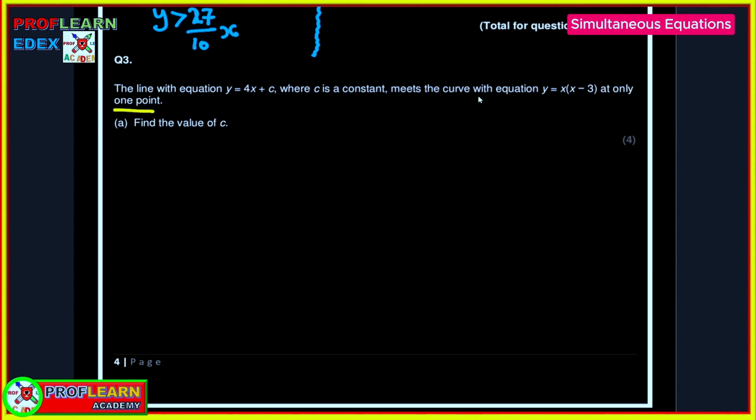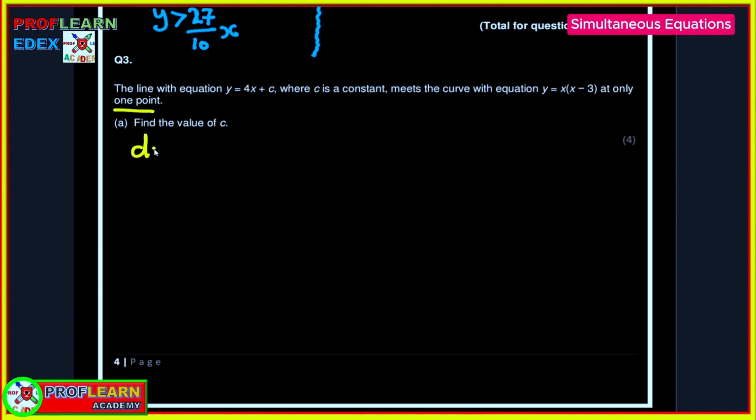If you are told a line and a curve meet at exactly one point, it means that the discriminant is equal to 0. You are going to meet such questions whereby you are told that a line and a curve meet at one point, or a line is a tangent to the curve. In such scenarios, you take the discriminant equal to 0.